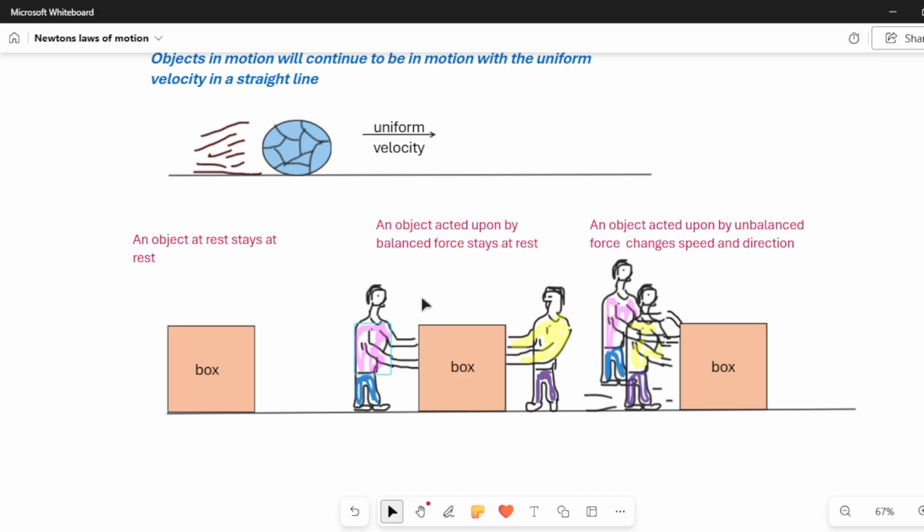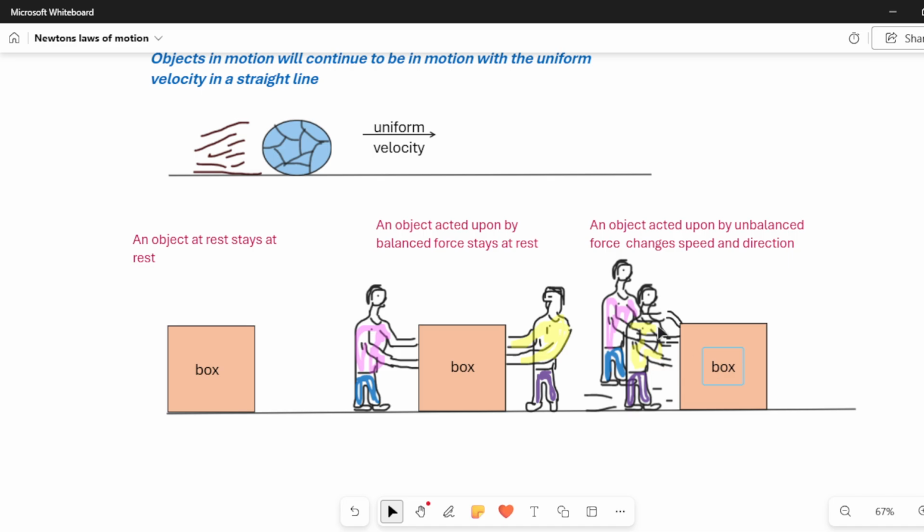Because the forces are balanced, they cancel out. So when the object is acted upon by balanced forces also, it stays at rest. Only if there is some net force will the box move. Here the net force is zero, so there is no net force acting on the box and it will continue to stay at rest.